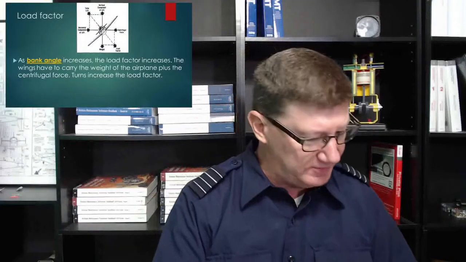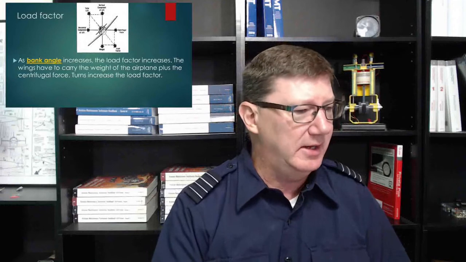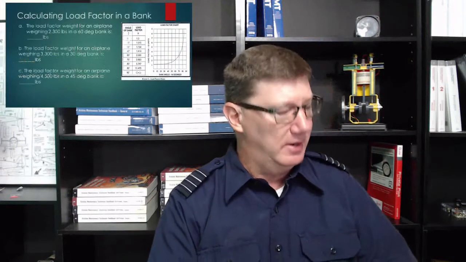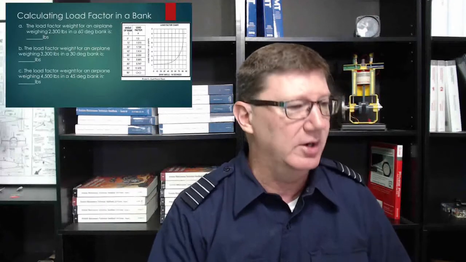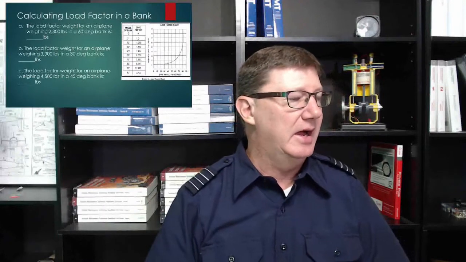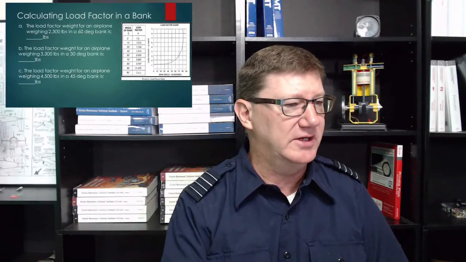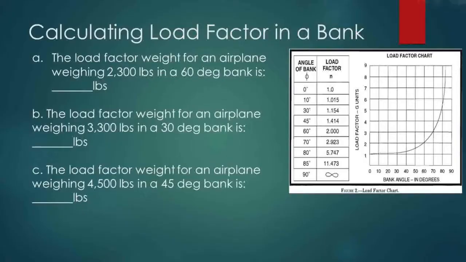As you're continuing looking at the charts here, the next one gives you a chart looking at exactly how much load is on the airplane for any particular bank angle. As the bank angle increases, you can see the load factor on the airplane.